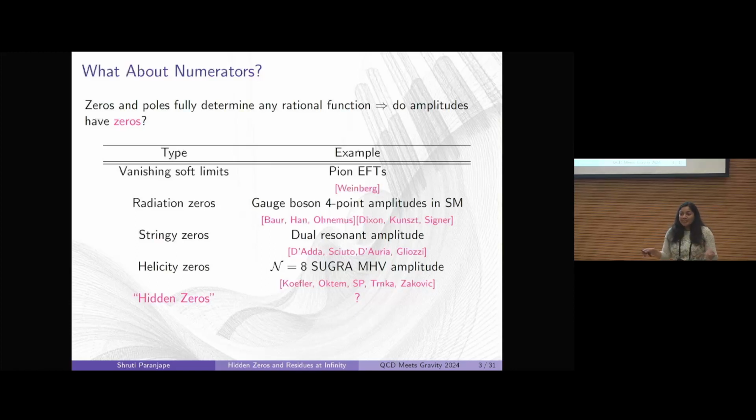Hopefully by the end of the talk, they will become unhidden to everyone in the audience, and we can start calling them apparent zeros of the amplitude. I'll introduce what they are, and I will hopefully convince you that the existence of these zeros and behavior of the amplitude near them is very intimately related to the good large Z behavior of these amplitudes under some shift.